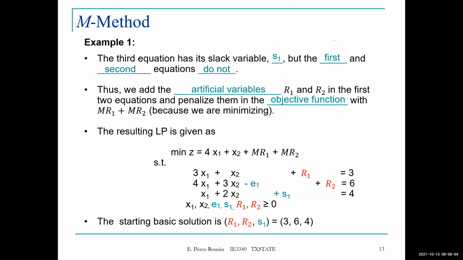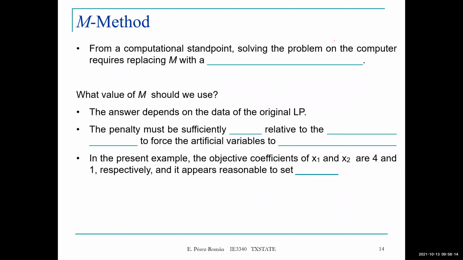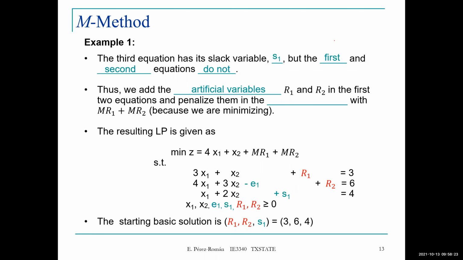And the starting basic solution now will be given in terms of R1, R2, and S1, which values are going to be equal to 3, 6, and 4. So from a computational standpoint, solving the problem on the computer requires replacing M with a sufficiently large numeric value. Right now we're just saying M here, but we need to assign a value to M. M has to be a sufficiently large number when you compare against the coefficients in the objective function.